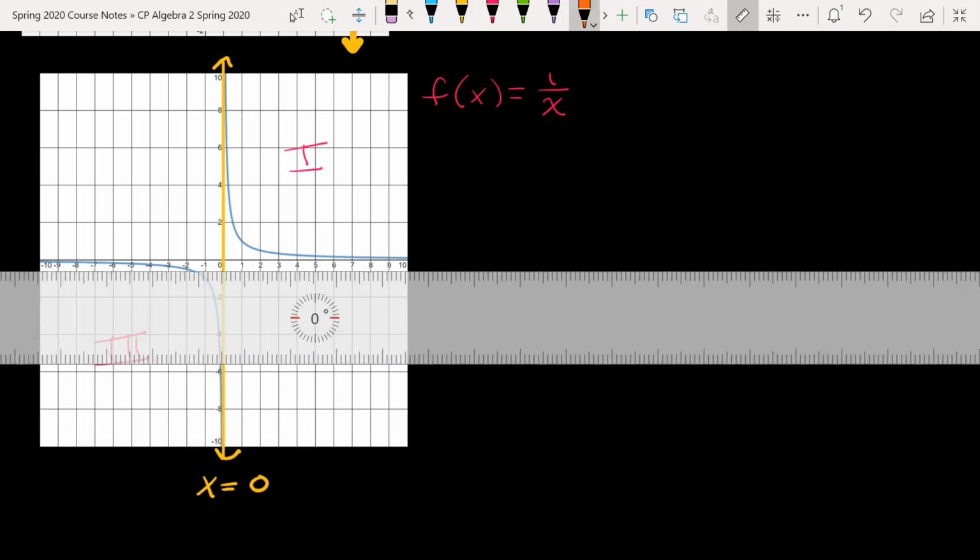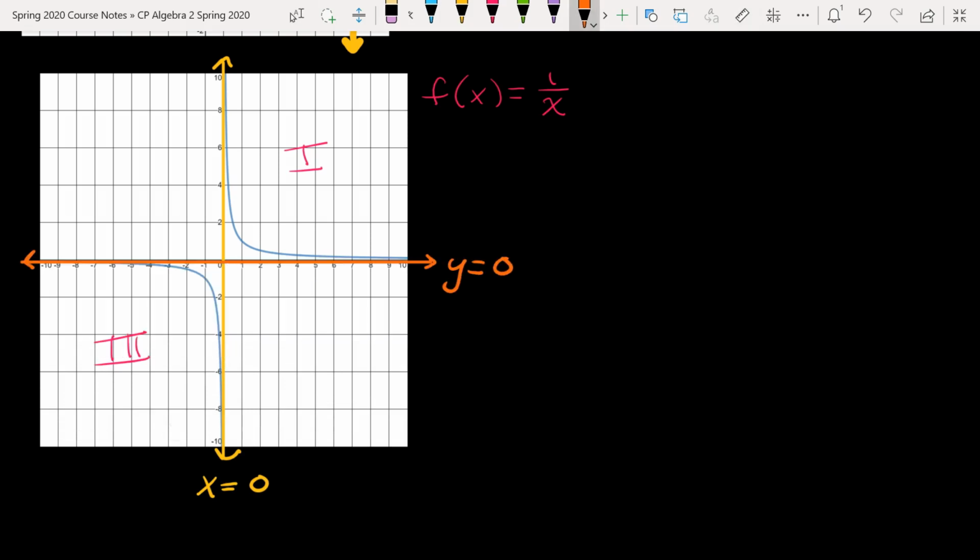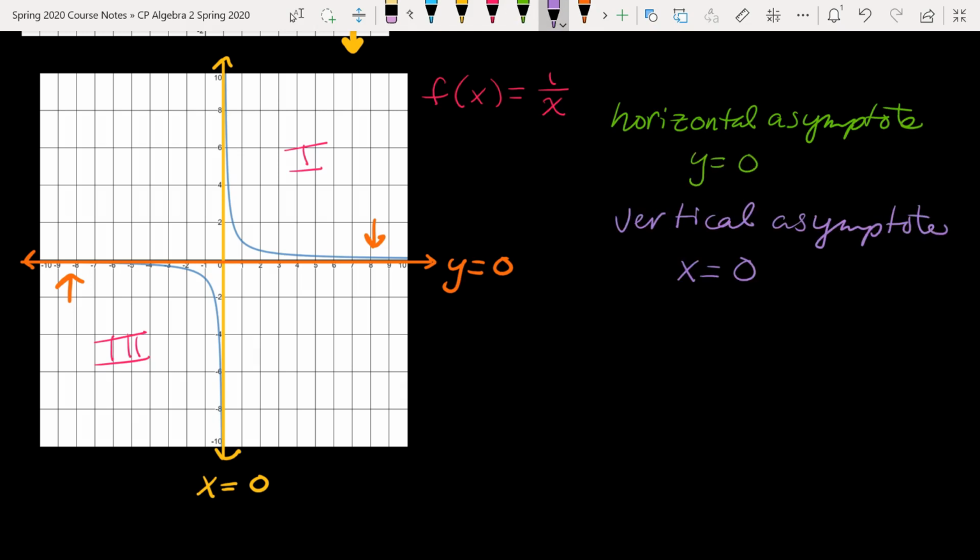In the same way, at the line y equals 0, the graph seems to approach it from above in the first quadrant and from below in the third quadrant, but it looks an awful lot like that exponential function where it never quite gets to that axis. And that's true. In this case, the graph does strange things as it approaches the lines y equals 0 and x equals 0.